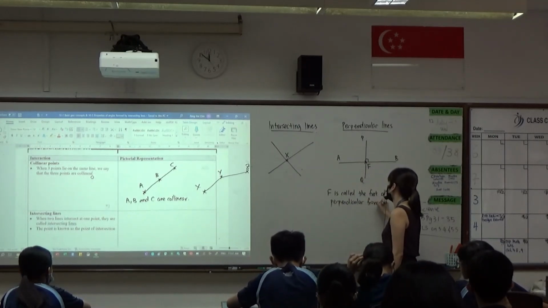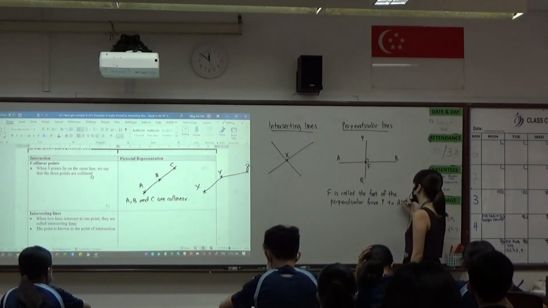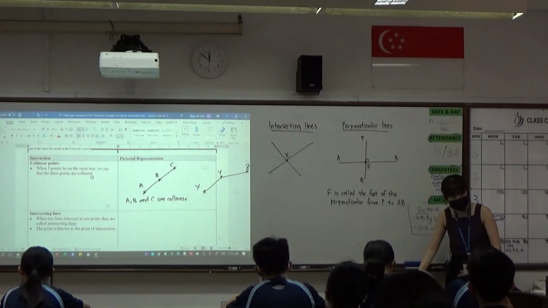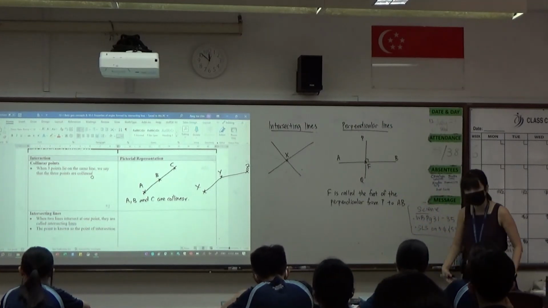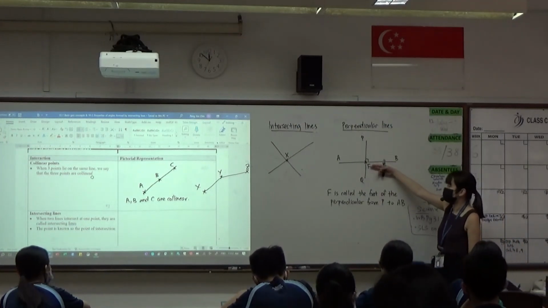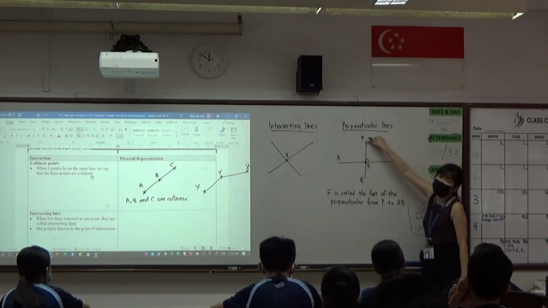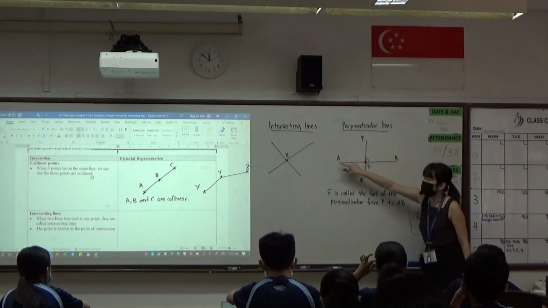From P to AB. It is called the foot because it's at the bottom, like where our feet are, at the bottom of the perpendicular. So perpendicular means a line that's 90 degrees from the point P to the line AB.